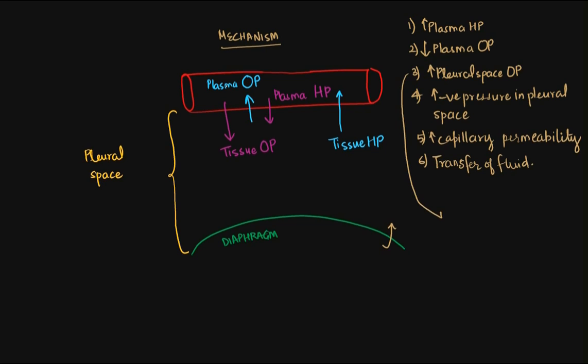Further, the pleural space oncotic pressure can increase via protein leak, protein exudation, or defective lymphatic reabsorption, which tends to transport the protein which usually leaks out of the vessel.